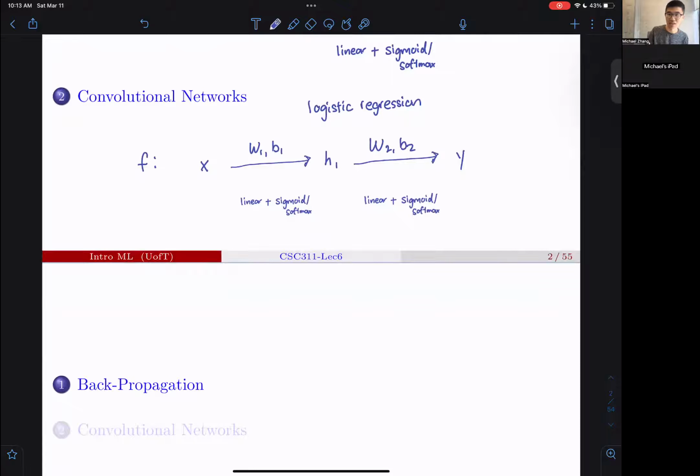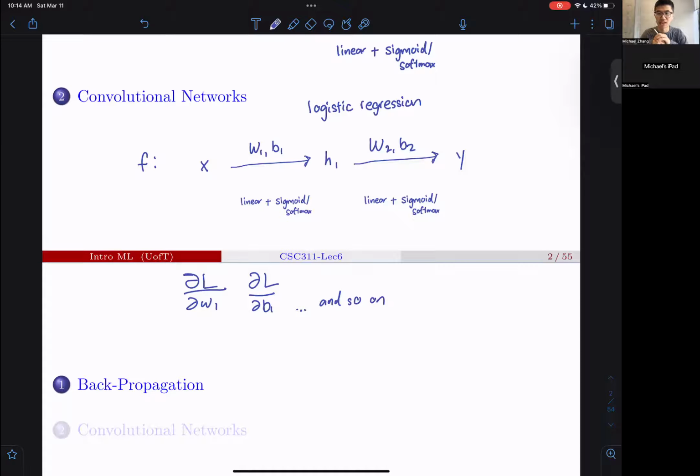So in particular, we want to know how the loss changes with respect to W and B. So we want partial L, partial W1, partial B1, and so on.